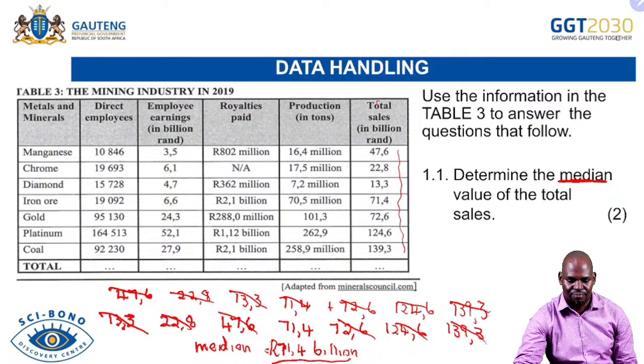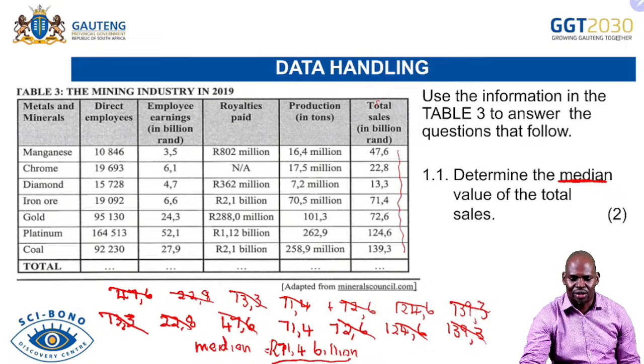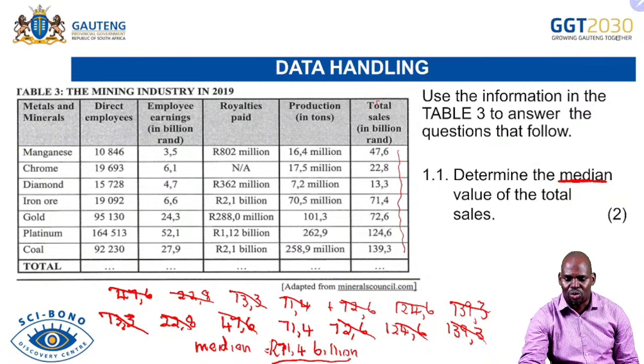Then the next question, still taken from the same province. They say use calculations to determine if the interquartile range for the total sales of the metals and minerals is less than 101 billion rand.